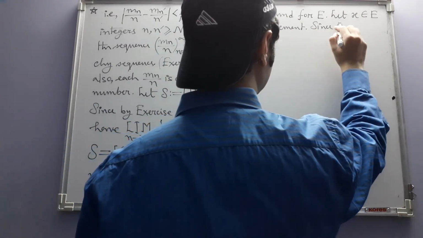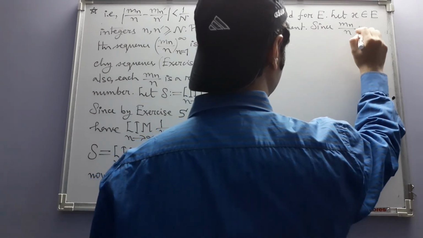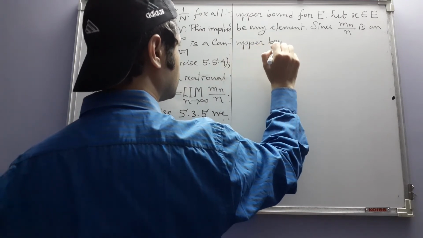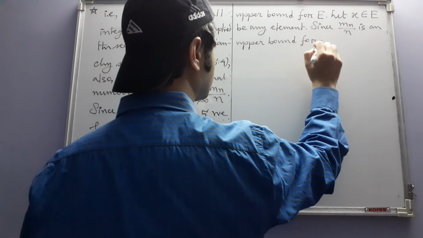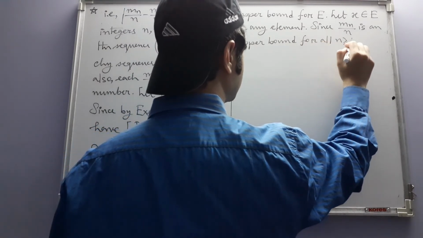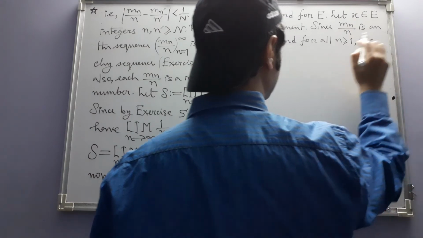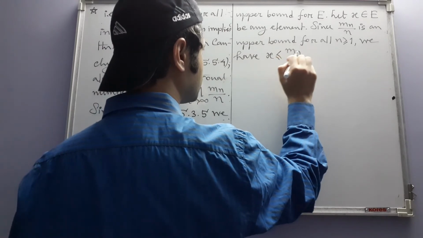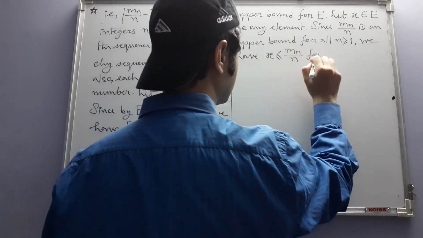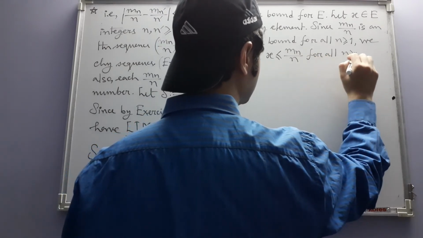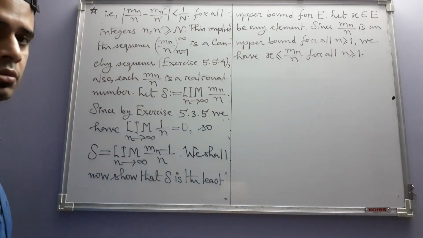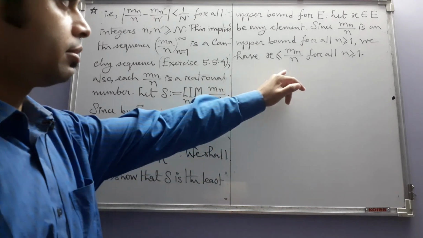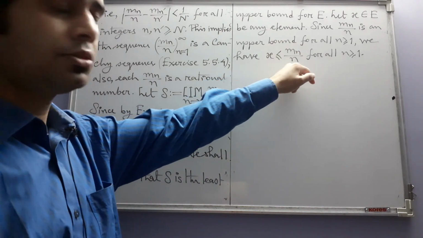Since m_n/n is an upper bound for each positive integer n, we have x less than or equal to m_n/n for all n greater than or equal to N. So here we have in fact infinitely many upper bounds, one for each positive integer n.